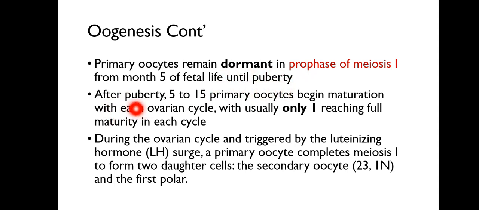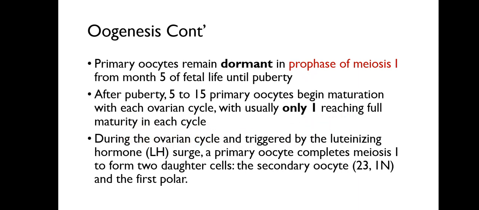Now, after puberty, about 5 to 15 primary oocytes, those that remained dormant since month 5, are going to wake up. About 5 to 15 of them will begin maturation with each ovarian cycle, the menstrual cycle that we talk about, with usually only one reaching maturity in each cycle.